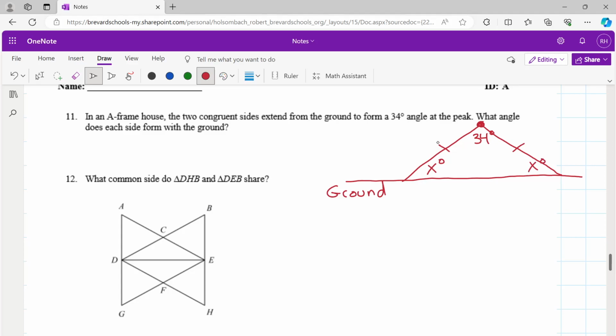And since these two sides are congruent, then the angles opposite those sides are congruent. So what's the sum of the angles in a triangle? Good. These three angles need to sum 180. So 2x plus 34 equals 180. So let's solve for x.